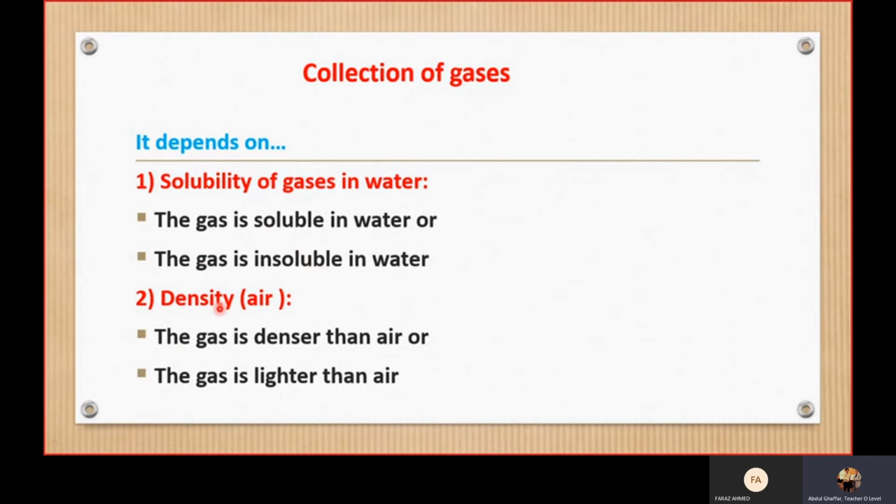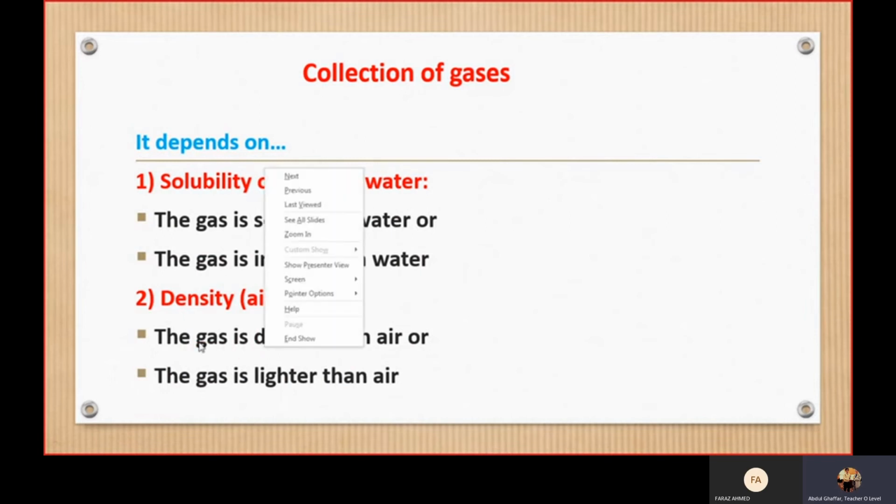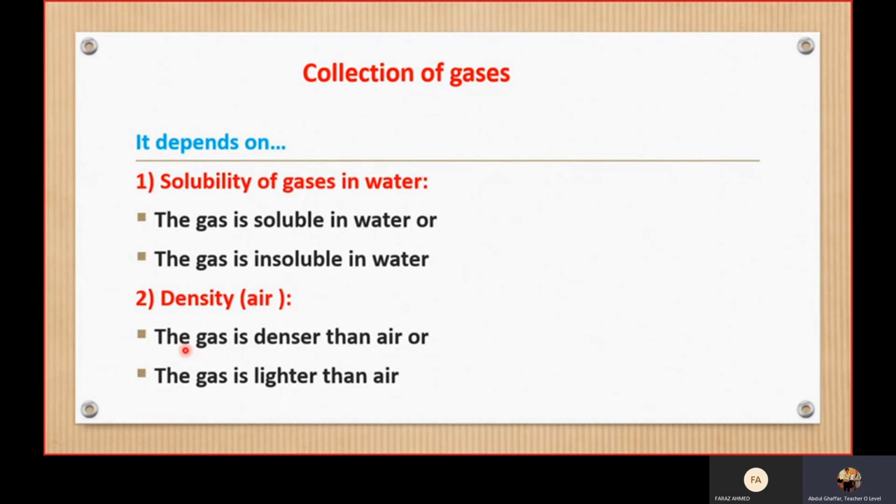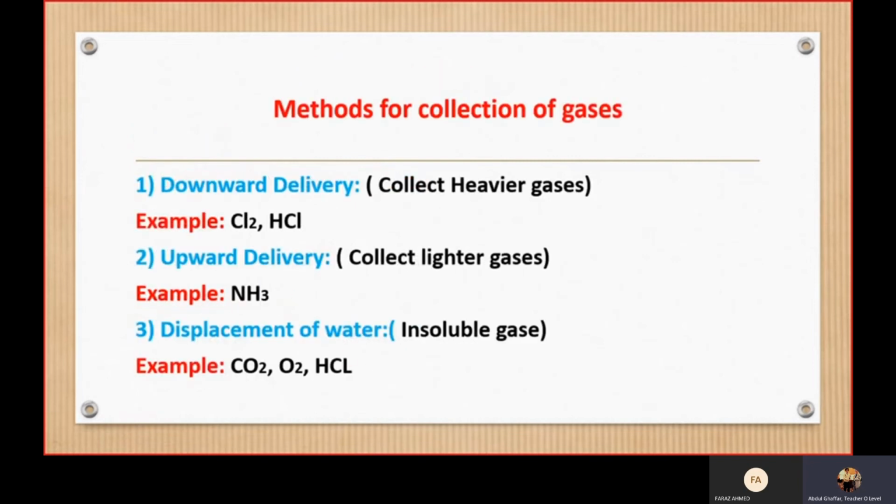Second point is the density as compared to air, whether the gas is denser than air or lighter than air. The molecular mass of the lighter gas will be less, like hydrogen, and the molecular mass of the heavier gases will be higher, like CO2 and HCl.